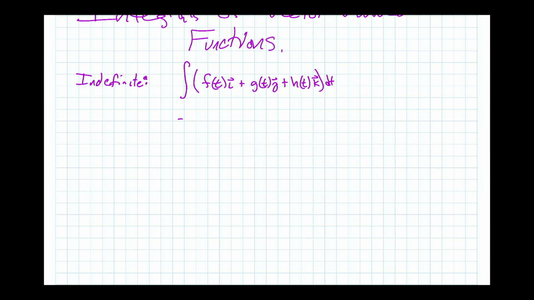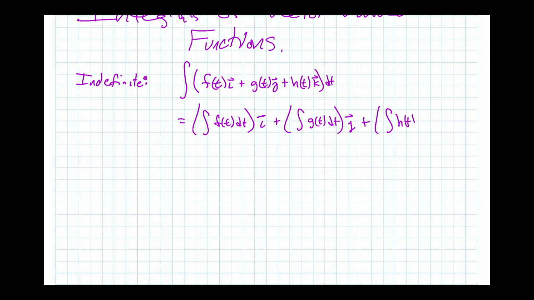You just do 3 separate integrals: integral of f i plus integral of g j plus the integral of h k. So this is just how you're going to do it. You just do them term by term or component by component, just like derivatives.